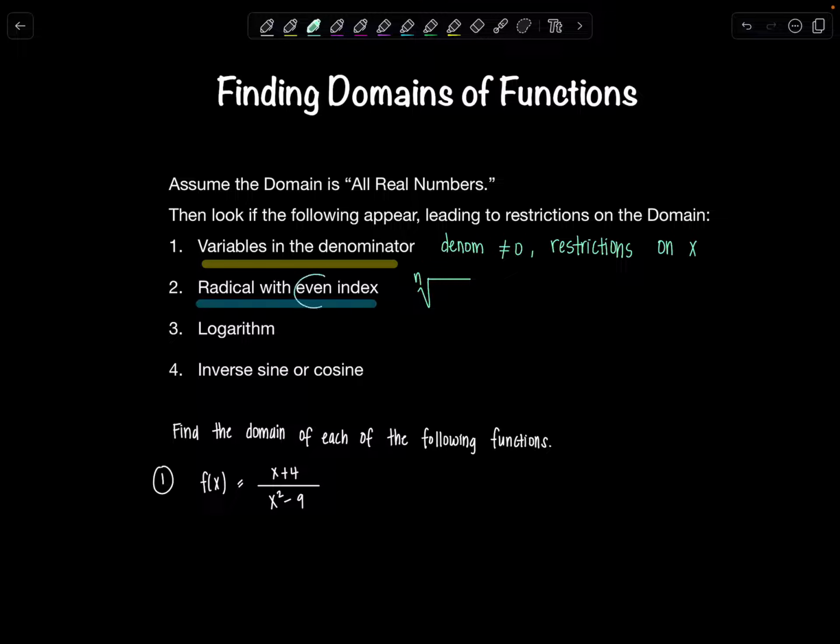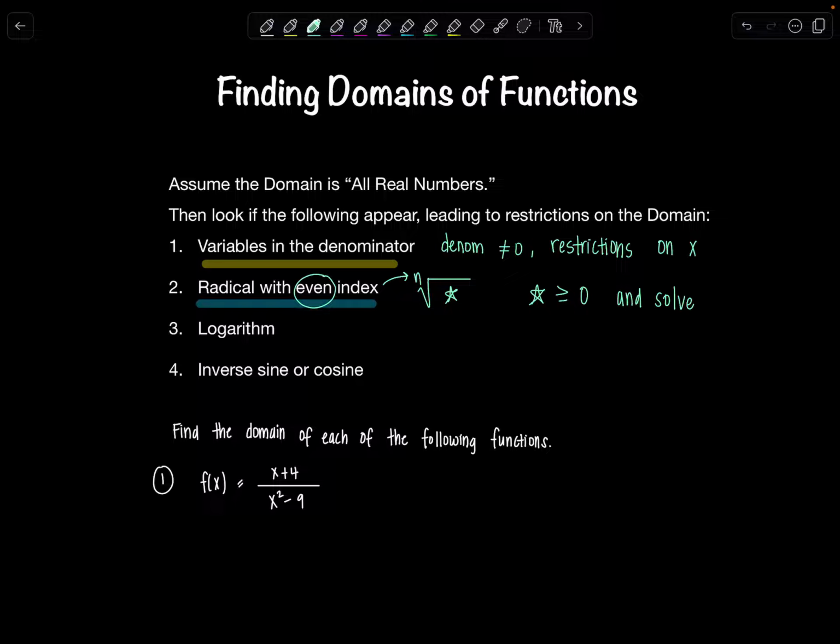If n is an even number, then you want to make sure that the stuff underneath the radical, the radicand, I'll indicate that with a star, is not negative, because we cannot take even roots of negative quantities and get a real number. So you take the radicand, you take that star, you set it greater than or equal to 0, and you solve. And then that's your domain. I'll show you exactly how to do that.